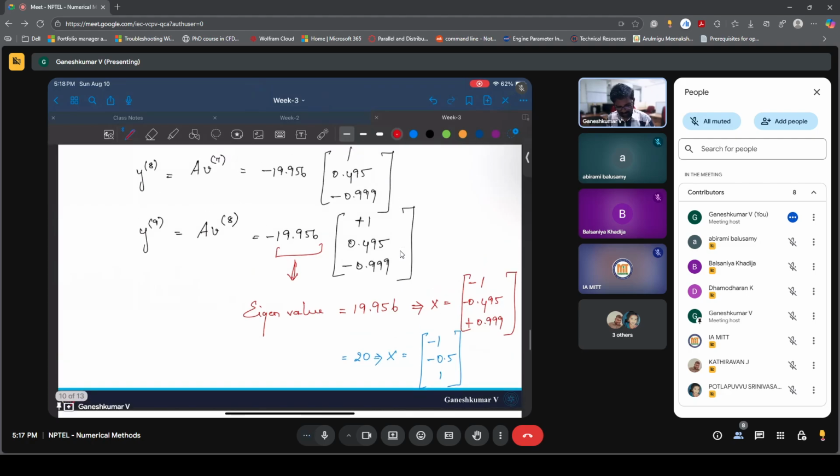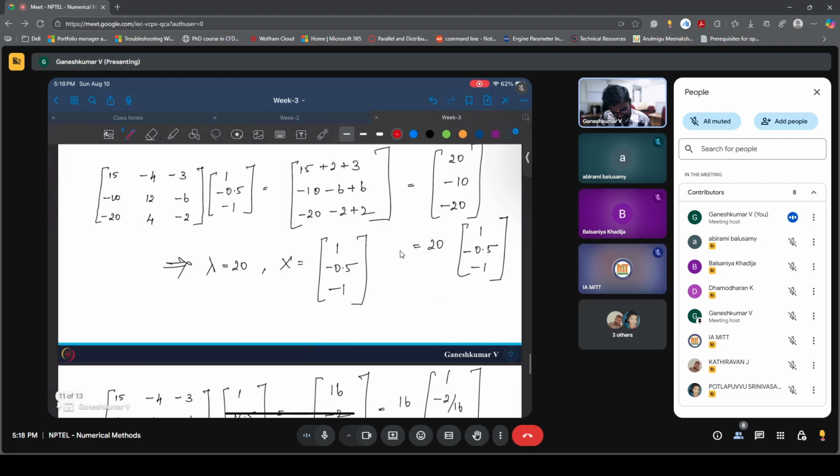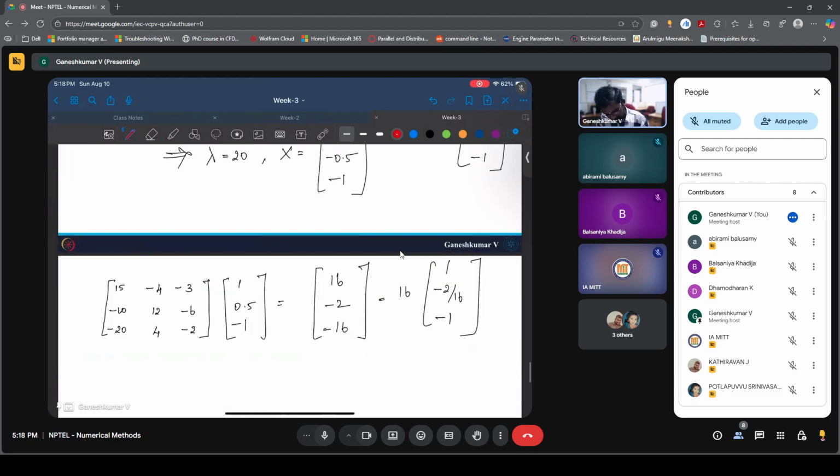So the only question, which Abhirami also has, or anyone else also, is why not take minus 20, why take 20? Unless I do this exercise, I will not be able to prove that.